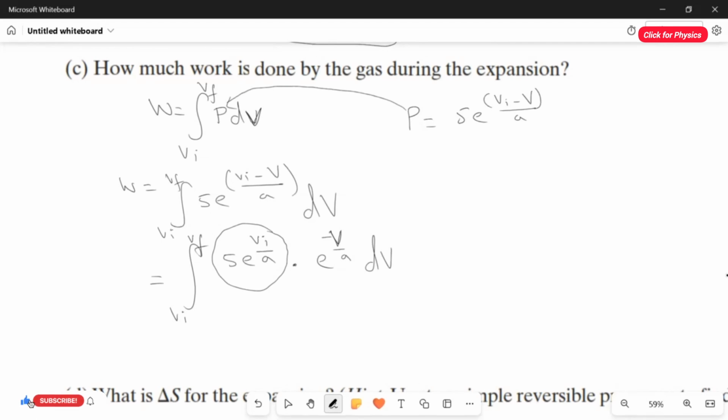So let's take the constant term outside. If you take it outside, what we got, 5 e power VI over A and integration VI to V final. This is our limit. So here I am going to take the term e power minus V over A dV.